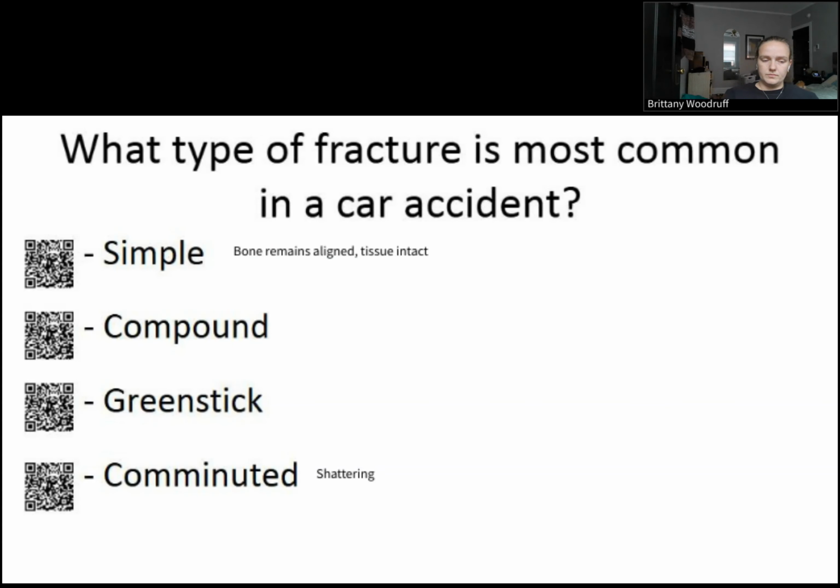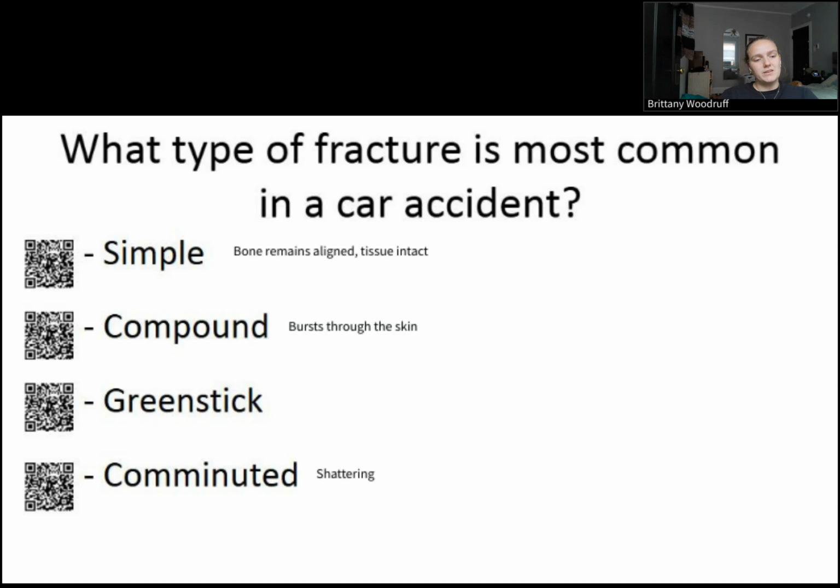The skin. Exactly. So that's through the skin. Now with compound fractures, you're at a higher risk for infection because again, you're going through the skin, right? You're breaking that barrier.